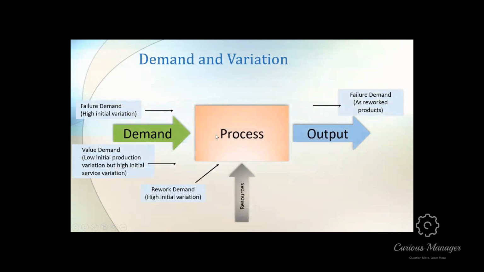We want as much value demand in the process as possible, because failure demand and rework demand work against our available capacity. If you have failure demand coming through here, this has to be worked somewhere. So you either clog up this process again, or you clog up another process. So directly, a good way to reduce your utilization is to attack your failure demand and your rework demand. You want as much value demand as possible going through your process.